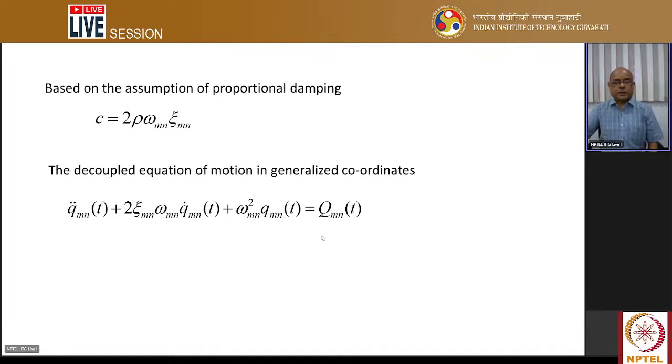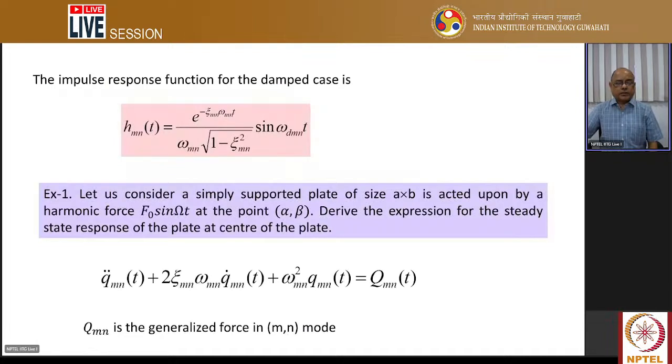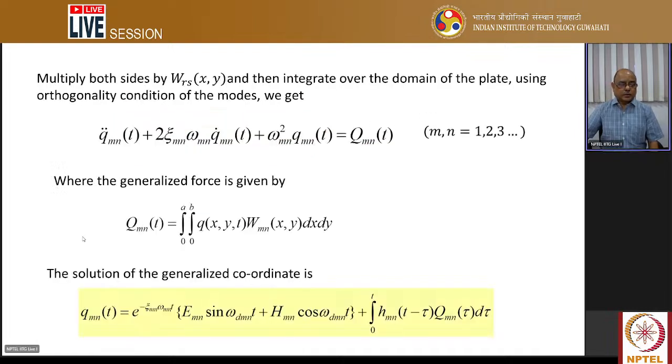The forced vibration response of the rectangular plate is studied with the help of the general procedure, that is the Duhamel's integral, or any other technique you can use. If it is a harmonic function, we know the standard formula for obtaining the steady state response. And with this, we add the homogeneous solution, that is the free vibration response, and then we get the total response. You can see here, this is the complete response of the plate.